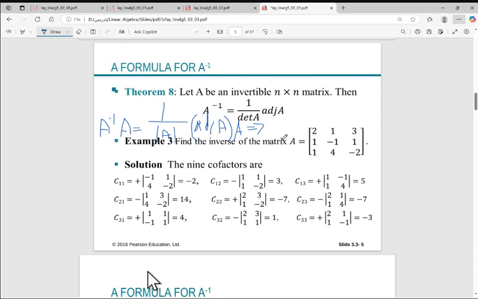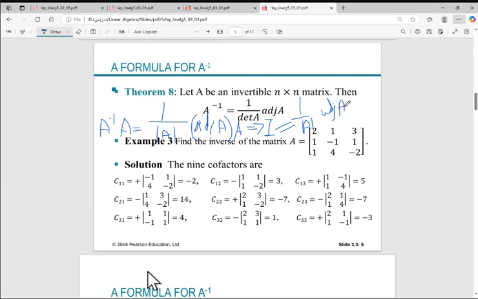It's the inverse of A times A: the identity matrix. The identity matrix equals 1 over determinant of A, then adjugate of A.